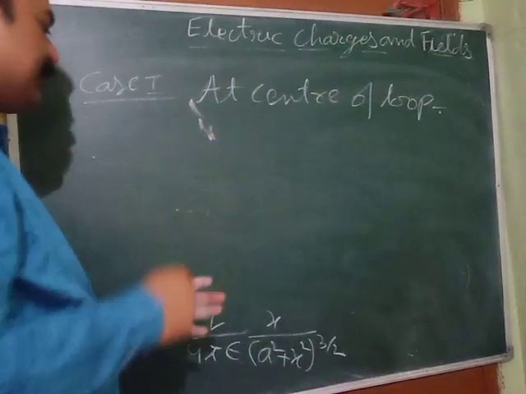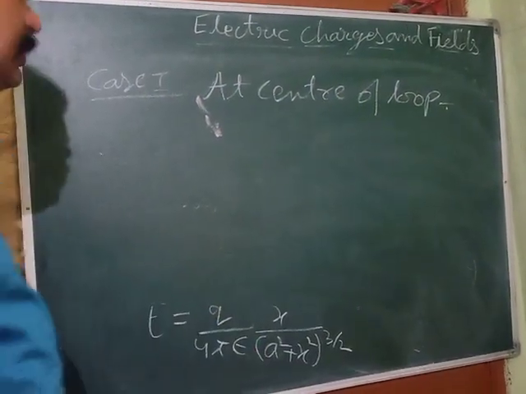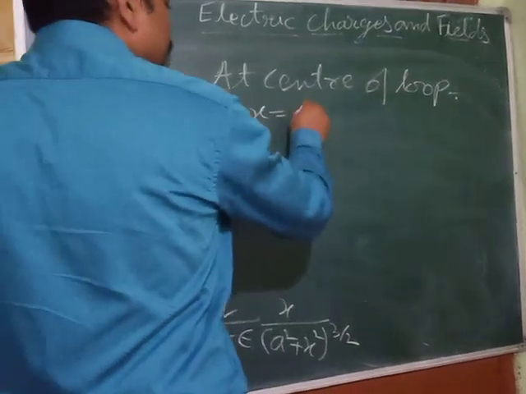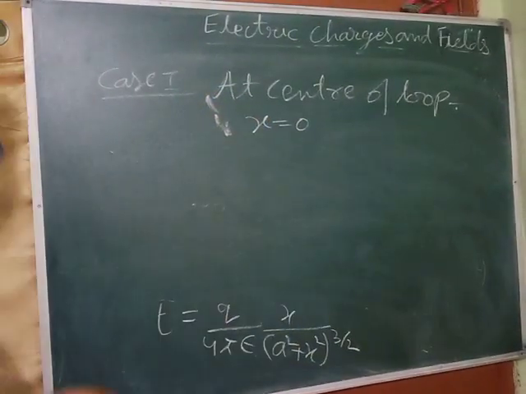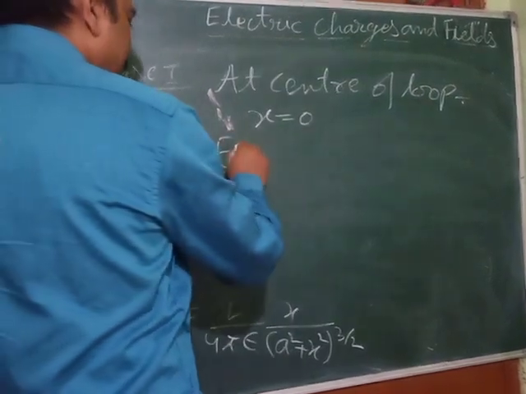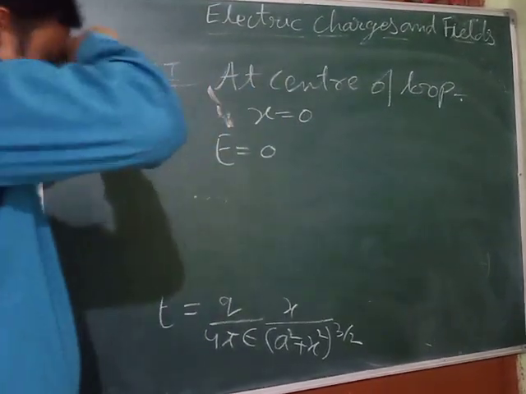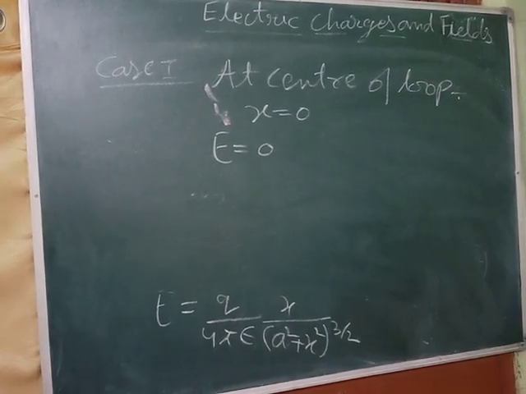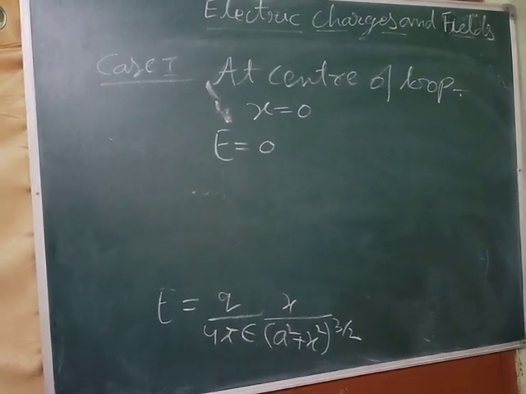If you go to the center, then x will become 0. So at the center, x is equal to 0. You can replace x equal to 0 here. What will you get? E is equal to 0. So the electric field intensity is 0 at the center.